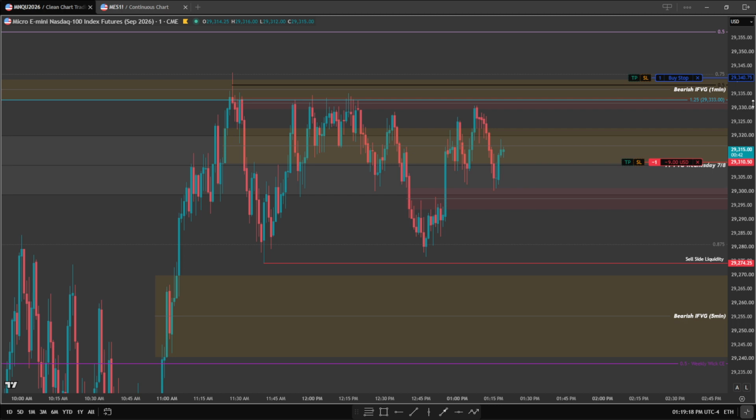I think I'd like to see around 120 that this thing start heading lower. I really don't like that it has stopped here like that. I would have preferred it just keep going to these lows.